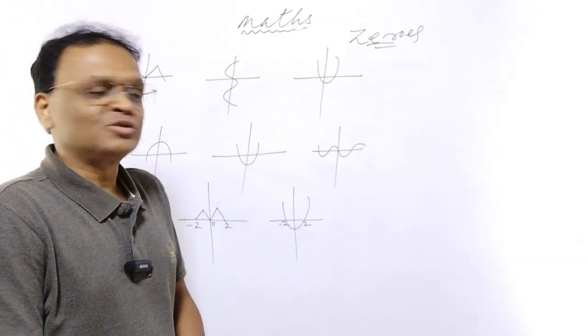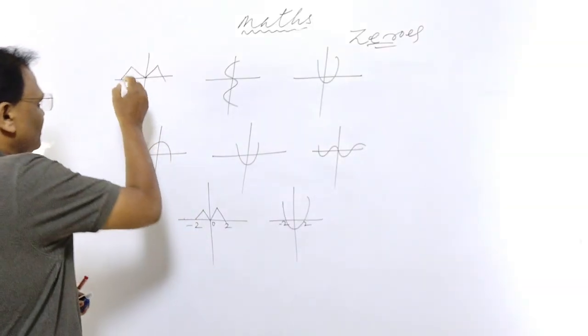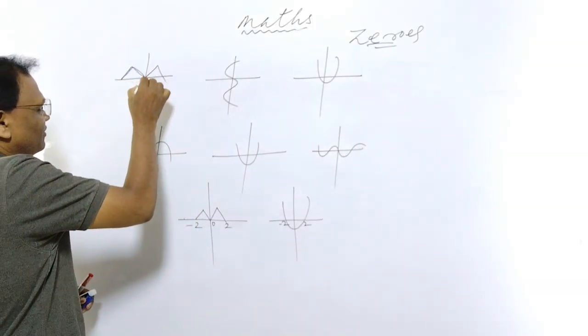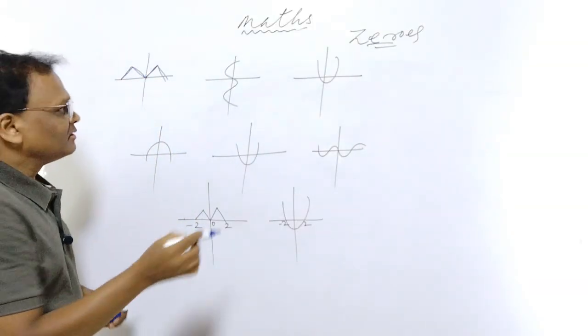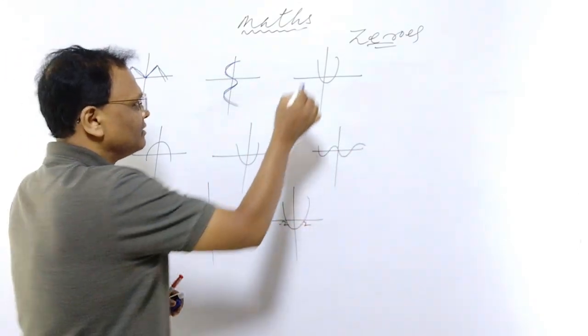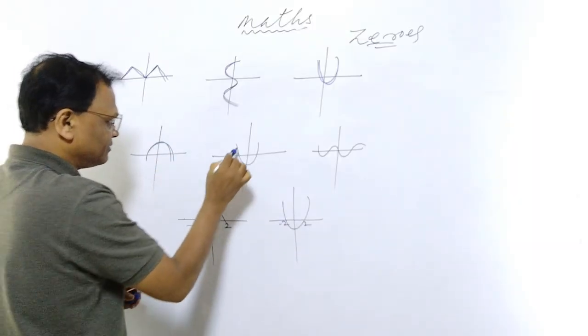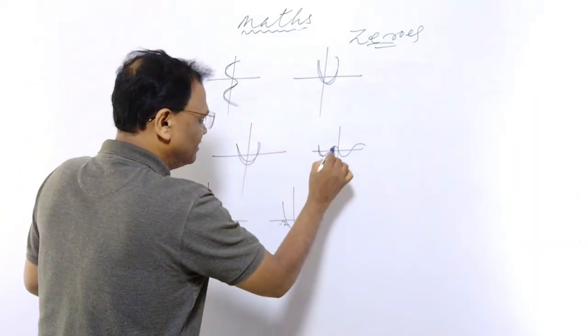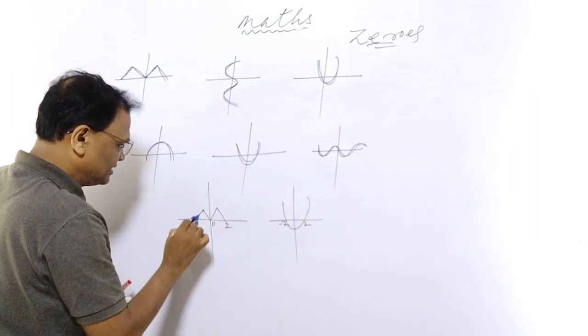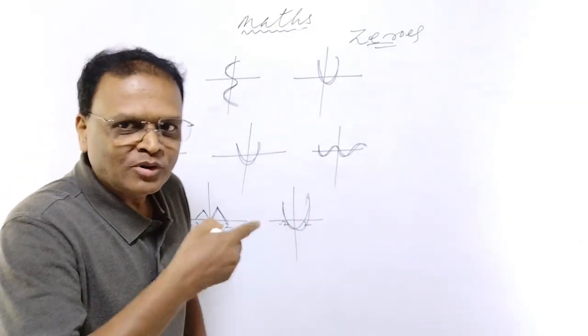If I show the pattern of the graph, your graph is this one. This is your graph, and this is your graph. But what is important in this?